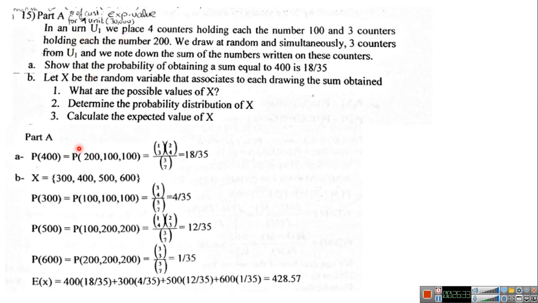In urn 1, we place 4 counters holding the number 100. So I have how many 100s? I have 4. And 3 counters holding the number 200.